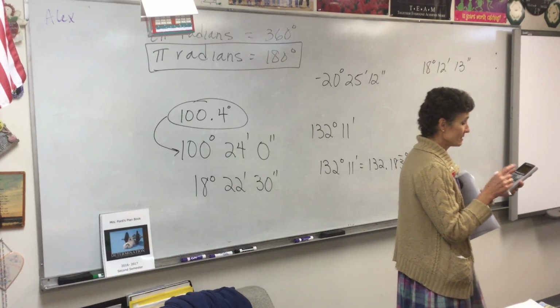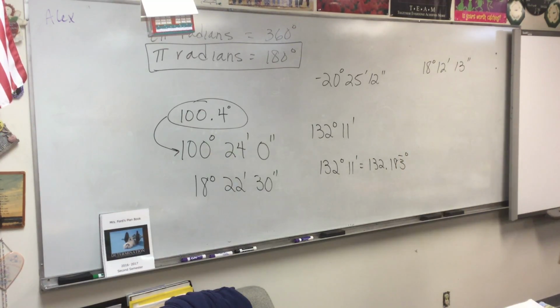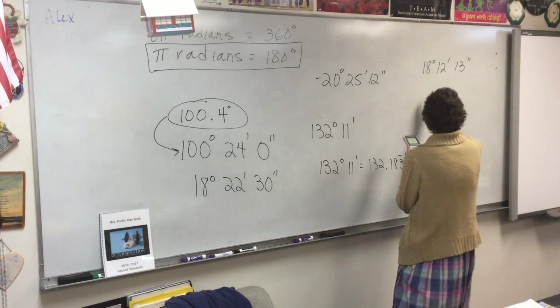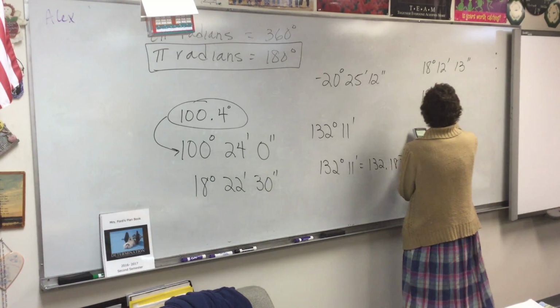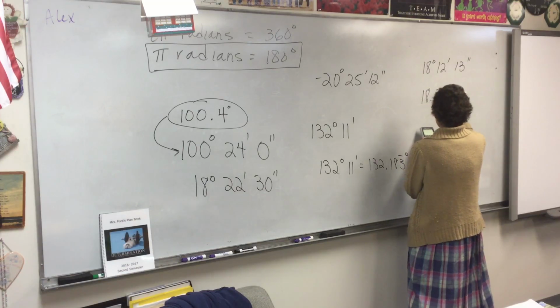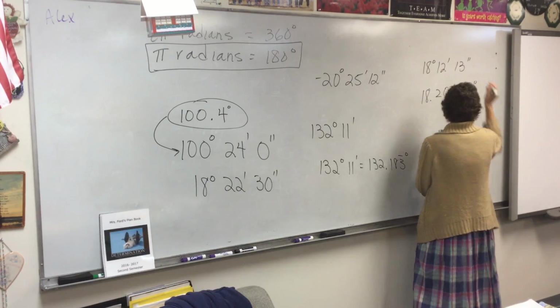To get your seconds, look clear over at your plus button. In green, or at least on my calculator it's in green, do you see the second symbol above the plus mark? So you need your alpha plus, and that will pull your seconds in for you, and press enter. 18.20361 repeating degrees.